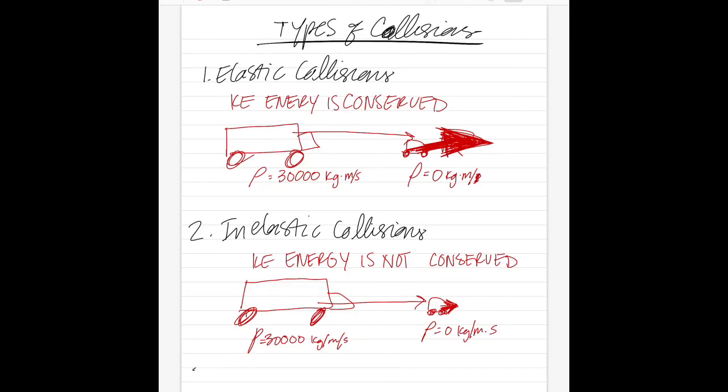Now, the third type, I don't talk about this very much, and it's not even in your notes, is called a completely inelastic collision. Kinetic energy, again, is not conserved.